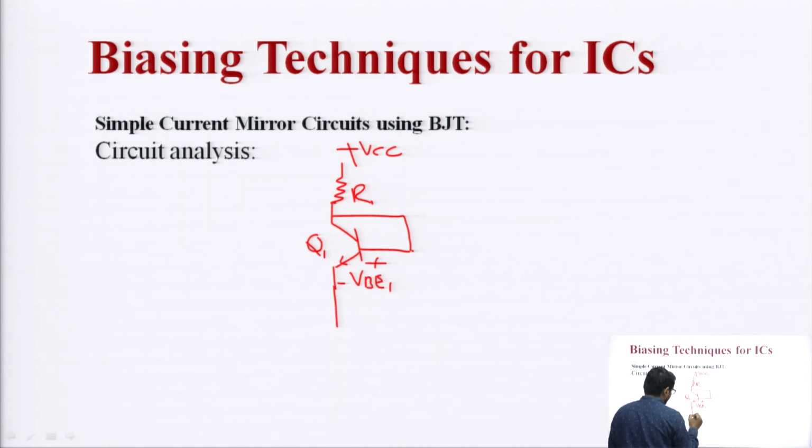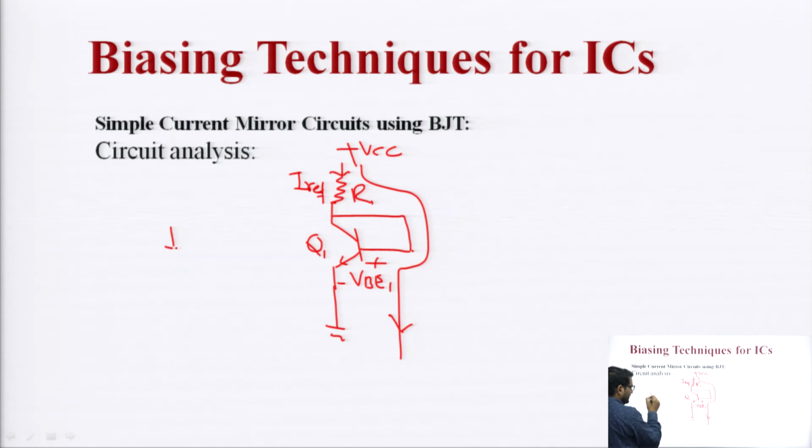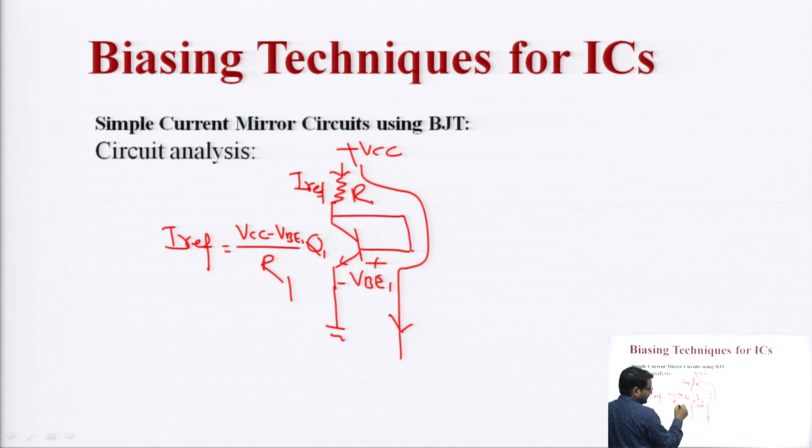This will be VB1, and this is the ground. This is the I reference. We follow this loop for calculation of I reference. Then we find I reference is equal to VCC minus VB1 divided by R1. R1 is this resistance.